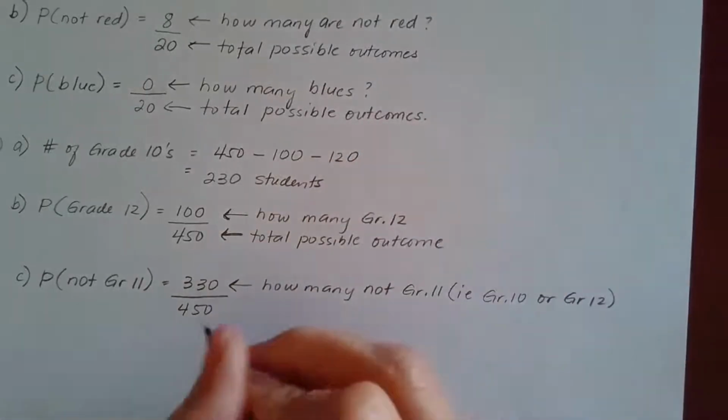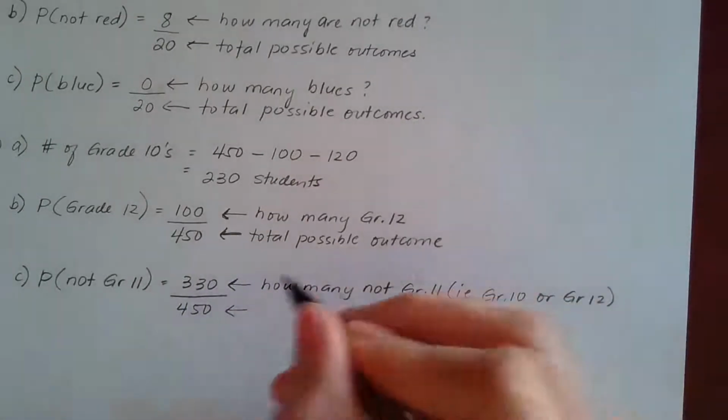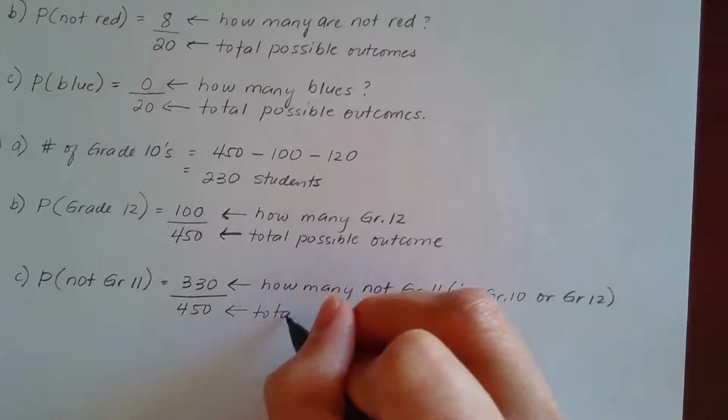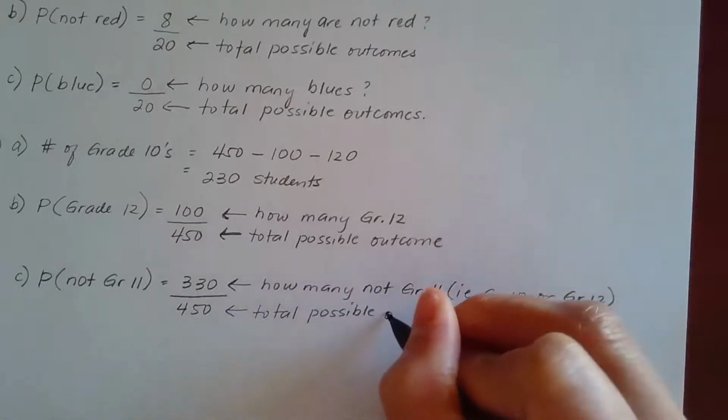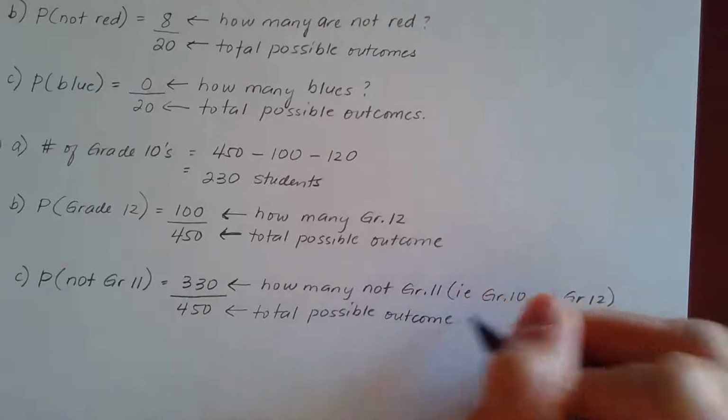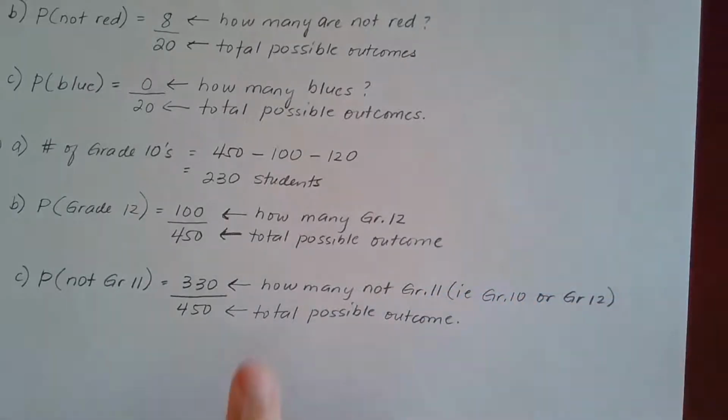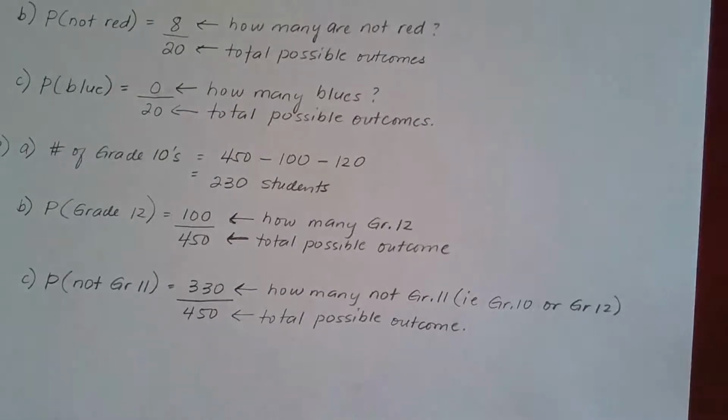And then 450, we already know that one. That's the total possible outcome. That means total students, all of them.